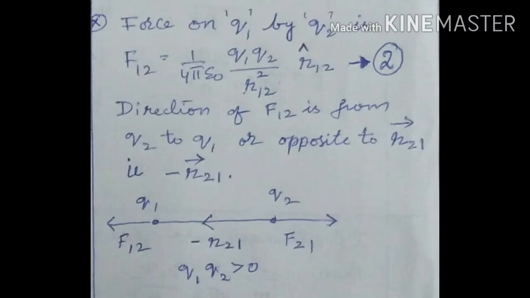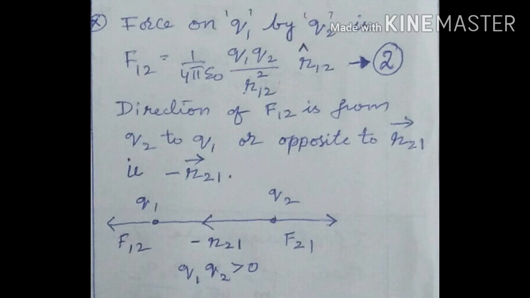Similarly, the force on Q1 by Q2 is what you see on the screen. You can see at the bottom of the screen there is a diagram showing the direction of the force F12. It is opposite to R21.